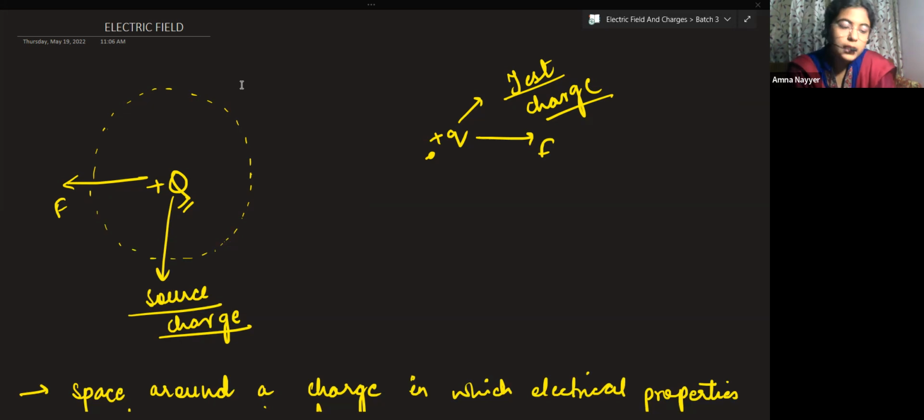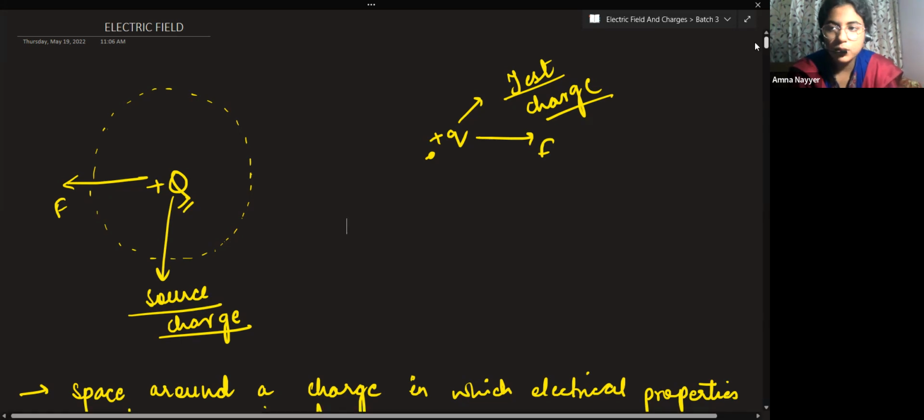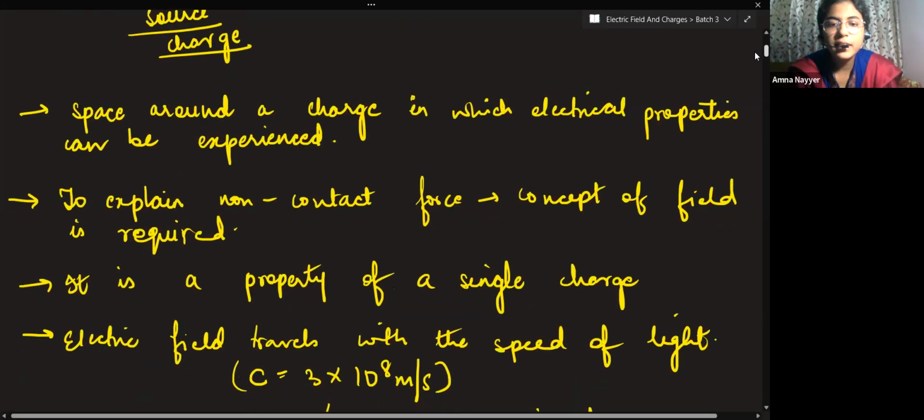So this is possible if the environment around it permits. So this space around a charge where electrical phenomena or electrical properties can be experienced is known as the electric field of a charge. This charge is known as the test charge. This charge is known as the source charge. So electric field is the space around a charge in which electrical properties can be experienced.